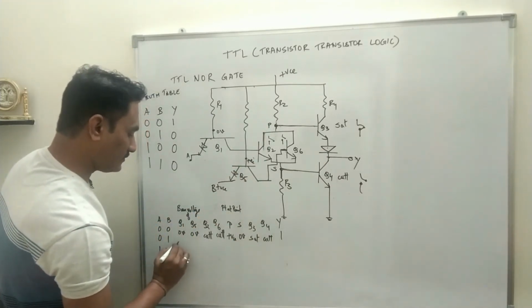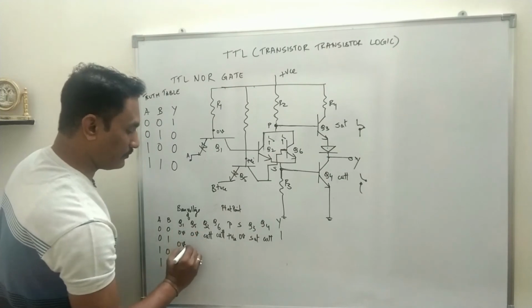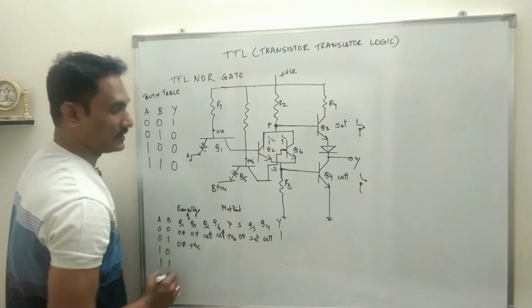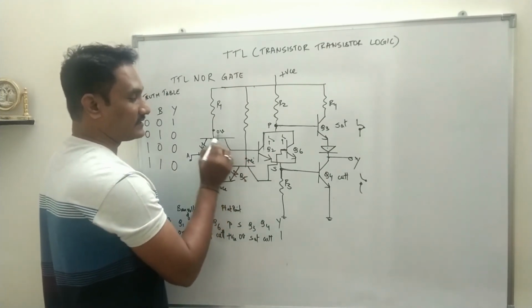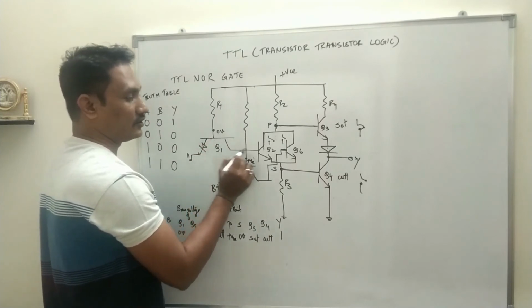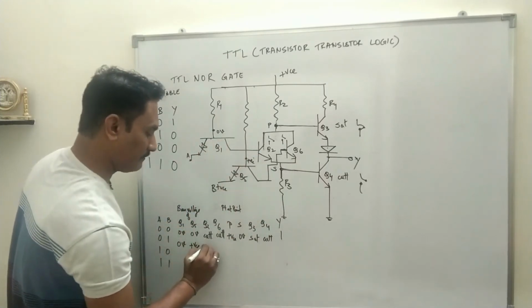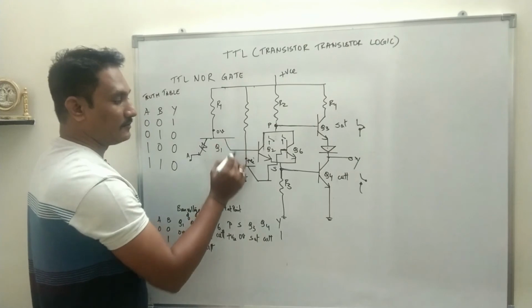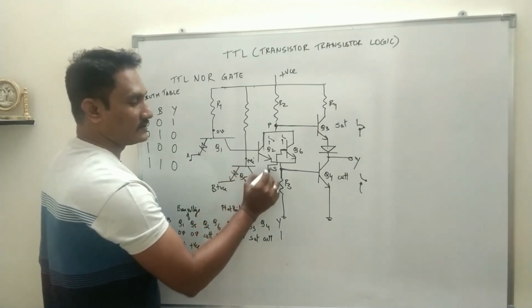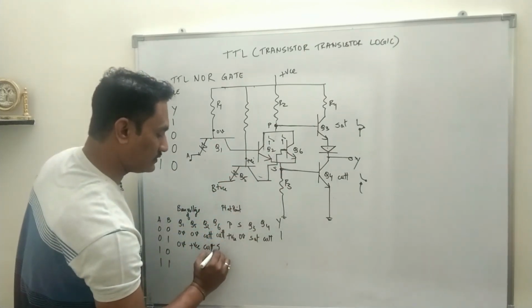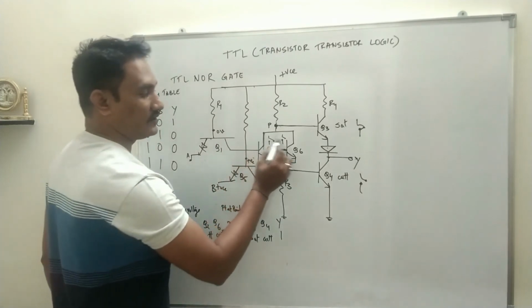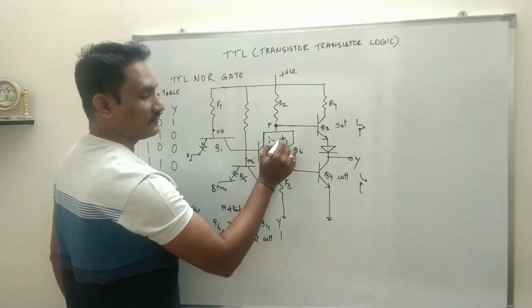So the base voltage of Q1 is 0, but the base voltage of Q5 is plus VCC. As the base voltage of Q1 is 0, Q2 will still be in cutoff region. But as the base voltage of Q5 is plus VCC, Q6 will go into saturation region.